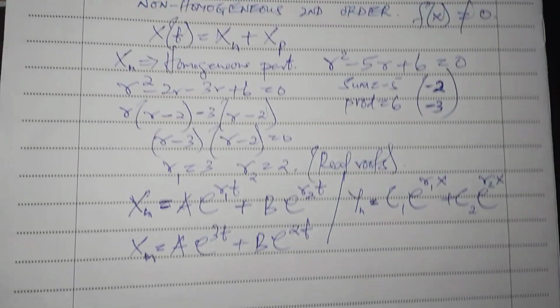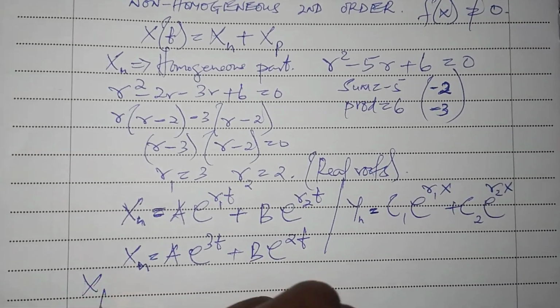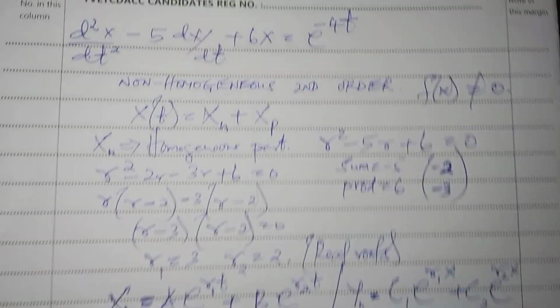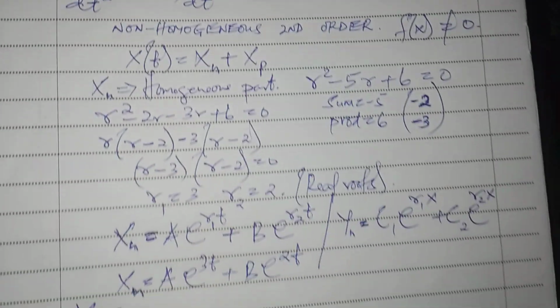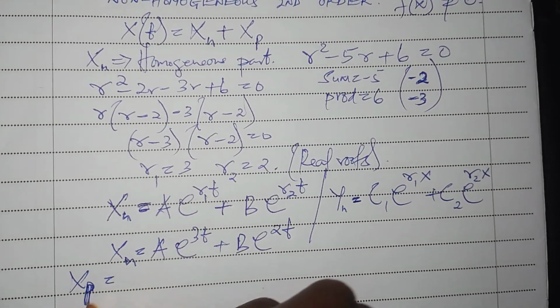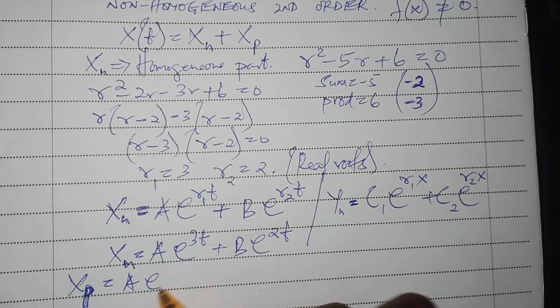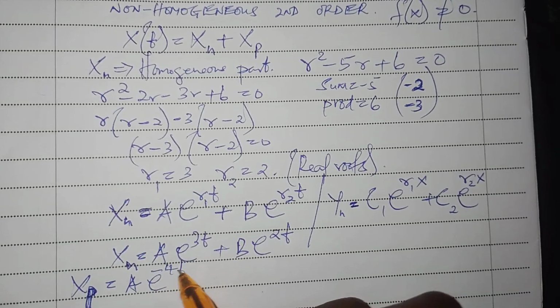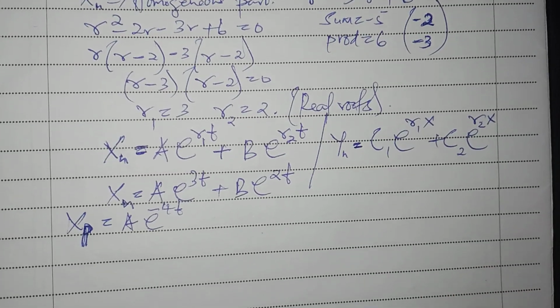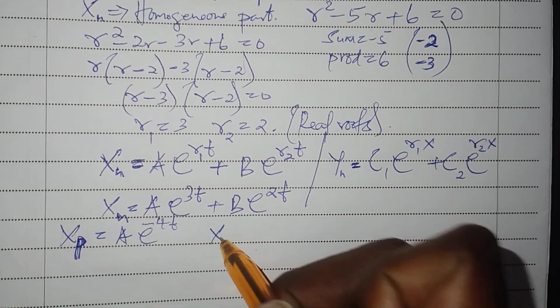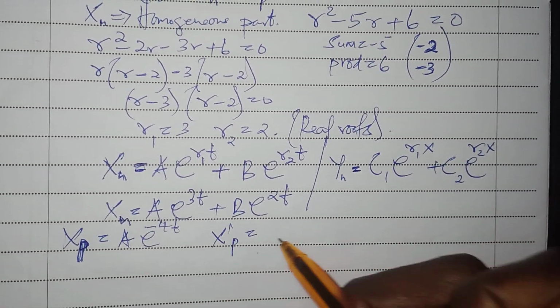So we need to find our xp, our particular solution. From the format we have e to the negative 4t. So let xp be a e to the negative 4t. Since it is a second order, we differentiate it for the first time, x prime of p.